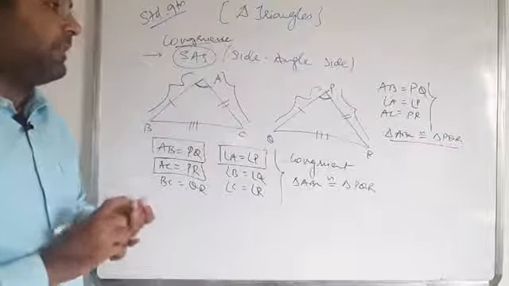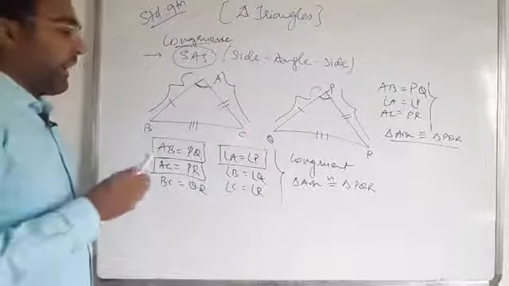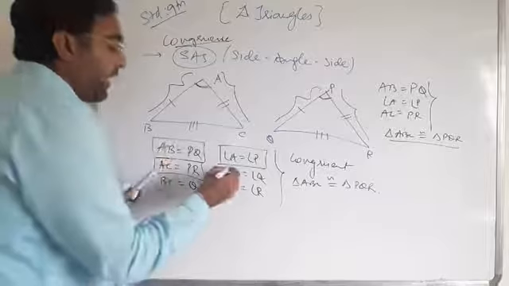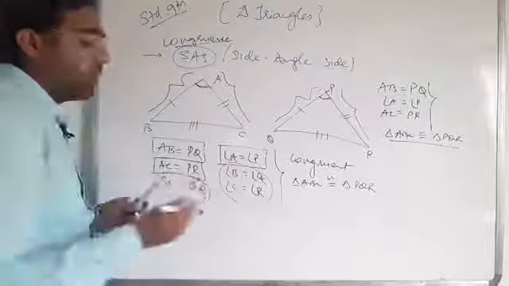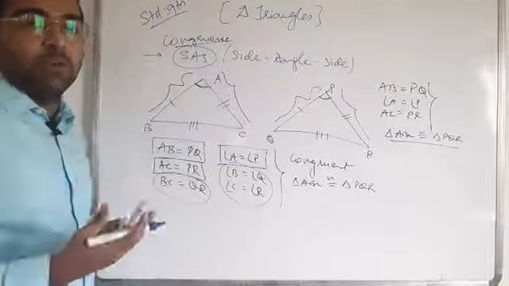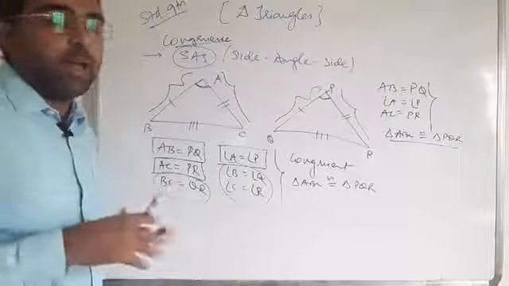Now how do I write that the remaining angles and remaining sides are equal? By which rule, by which concept or statement, do we write that the remaining parts are equal? If both triangles are congruent, then we also write that the remaining parts of the triangles, except the ones we have taken, are also equal.